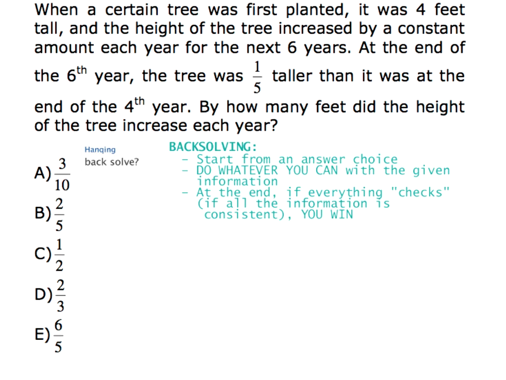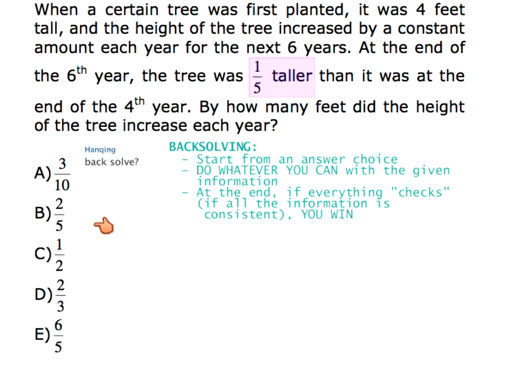One thing in this problem that sort of annoys people is this. Sometimes people first read that as though it were 1/5 of a foot taller. But because it's the 6th year versus the 4th year, if this just meant 1/5 of a foot, then you would just have a tree that was growing 1/10 of a foot per year, because it would just be half of this.